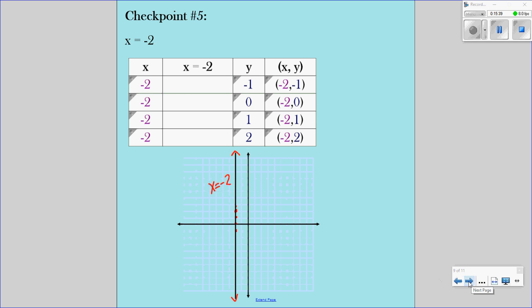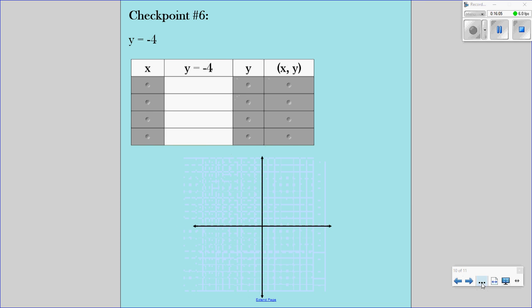And another way to think about it, if you weren't too sure: let's say x equals negative 2 and y equals negative 2, which one can you graph on your graphing calculator? You can graph the y equals negative 2, and it will show you what the graph looks like, which is horizontal. You cannot graph x equals negative 2 on your calculator, so that's the one that's going to be a vertical line.